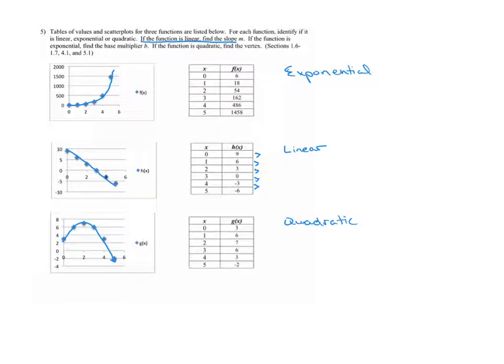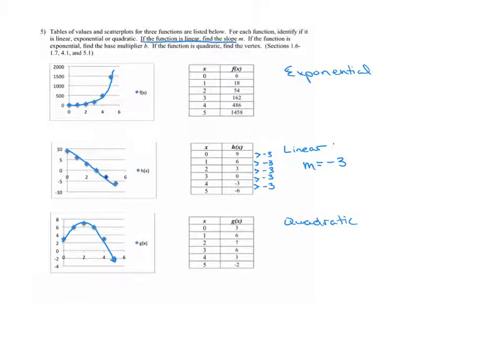To get from 9 to 6, we subtract 3. 6 to 3, we subtract 3. And all the way down the table, we do the same thing. So our slope is -3. All right, that takes care of linear.